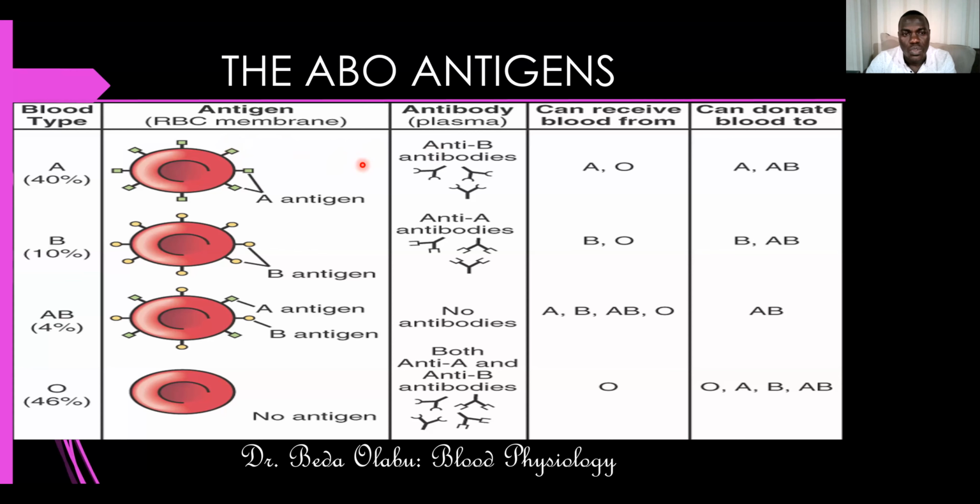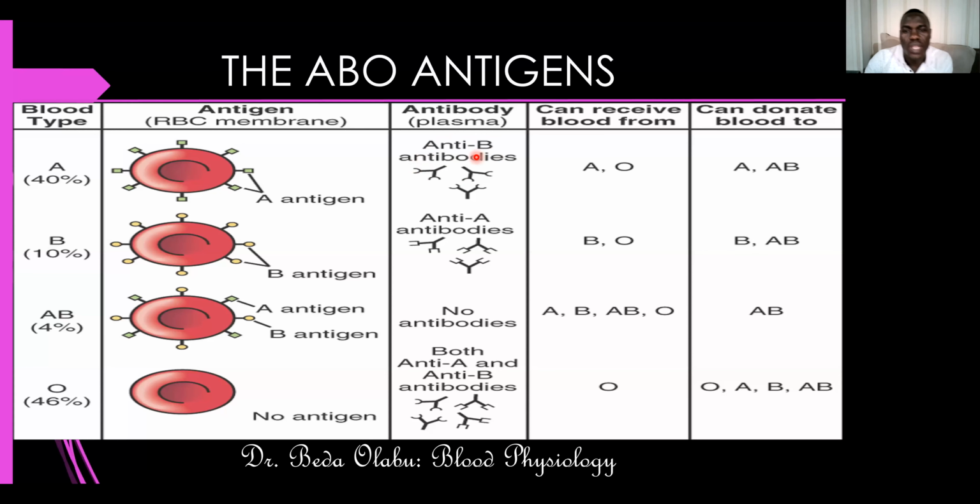So you're looking at the red blood cells, yes, but you're also looking at the plasma or the serum of this same individual. An individual with A antigens on the cell membrane will be lacking antibodies against A in their serum, but they'll be having antibodies against B antigen.